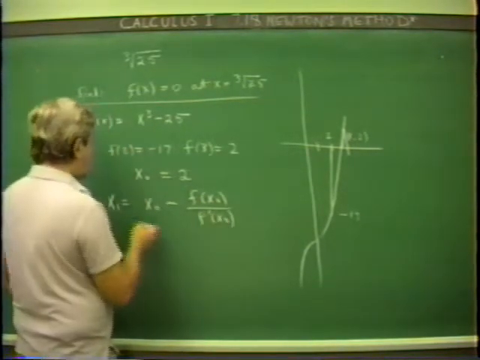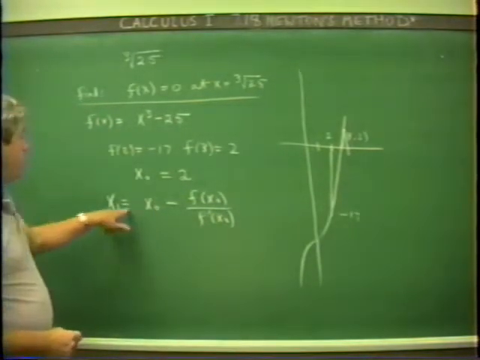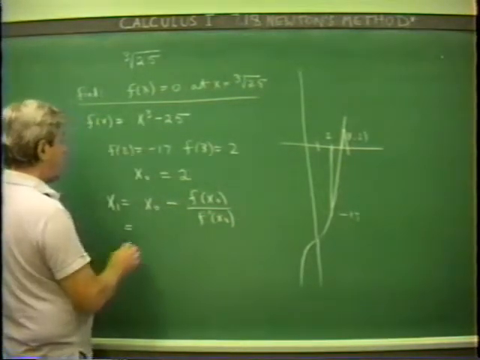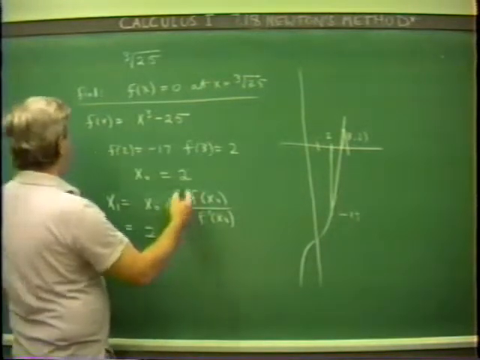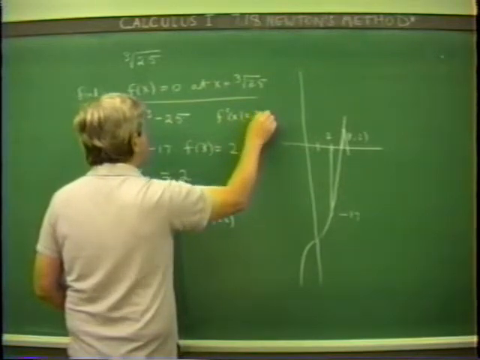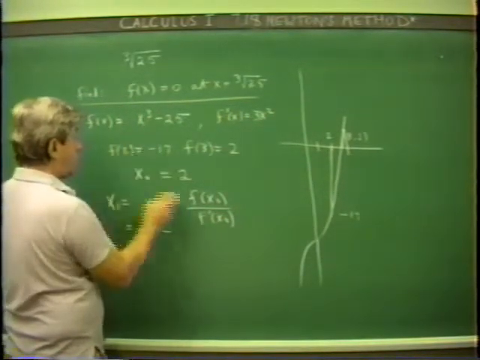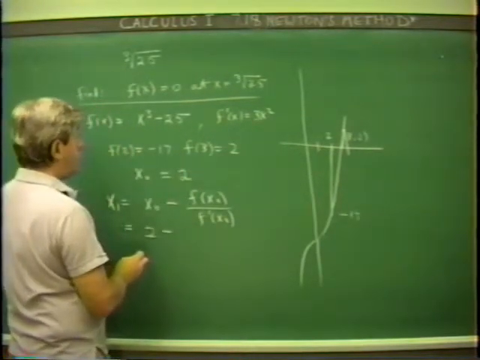x1 is equal to x0 minus f of x0 divided by f prime of x0. I'll mention that this formula for getting the next term in terms of the previous one is worth remembering. So x1 is going to be equal to 2 minus, well, we need the derivative of f. f prime of x is 3x squared.